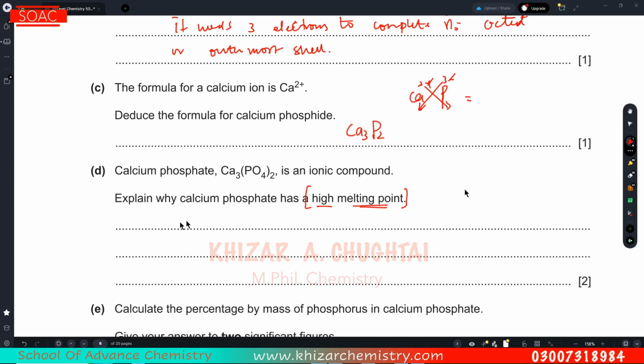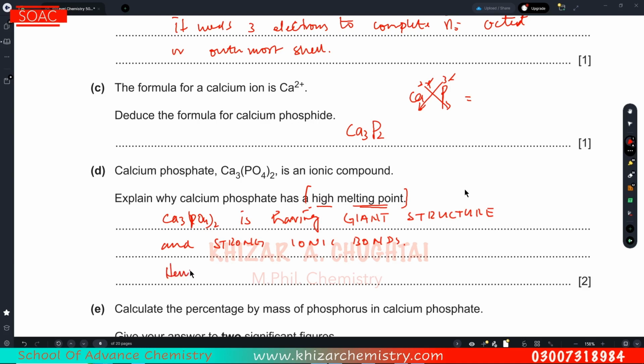First of all, we will write that calcium phosphide is having giant structure, and strong ionic bonds, strong electrostatic force of attraction.